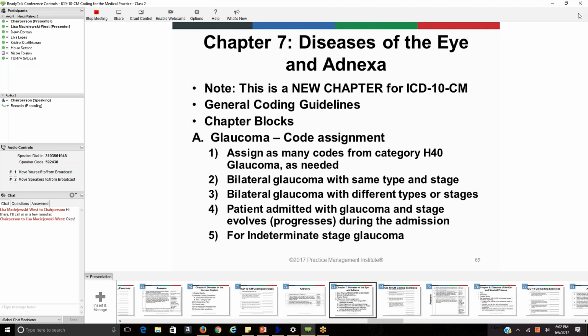And one of the things that I would strongly recommend for you, if you are listening to this webinar and you code for a particular specialty, I believe that it would be very, very important for you to read through the general coding guidelines that are found in the front part of the coding manual, of the ICD10 Coding Manual.